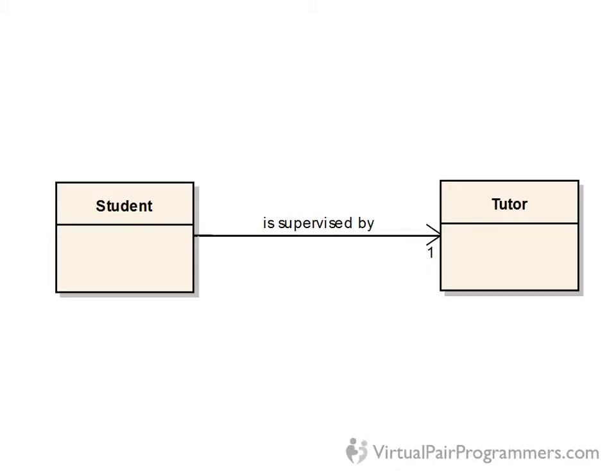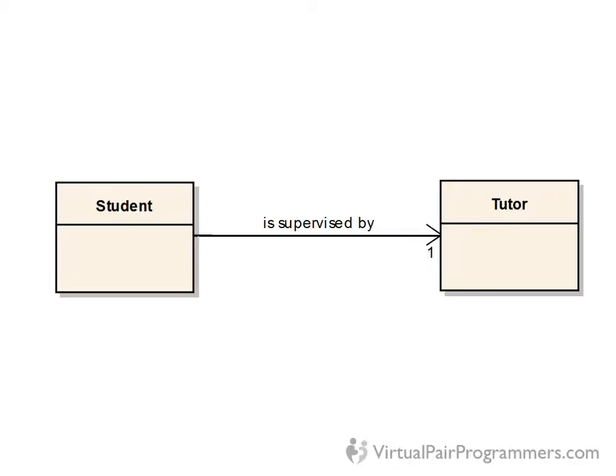Now, the relationship I'm interested in for this chapter is that each student is going to be allocated a single tutor, and this relationship is going to be the supervision relationship. By that, I mean that each student is given a supervising tutor, just one of them, and this tutor will be responsible for the student's progress through their studies.